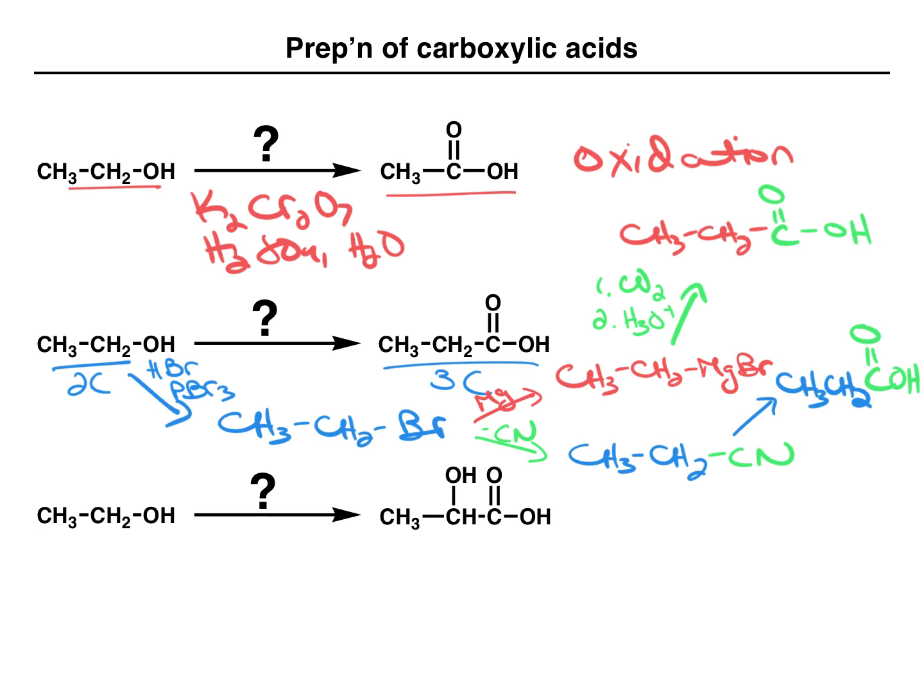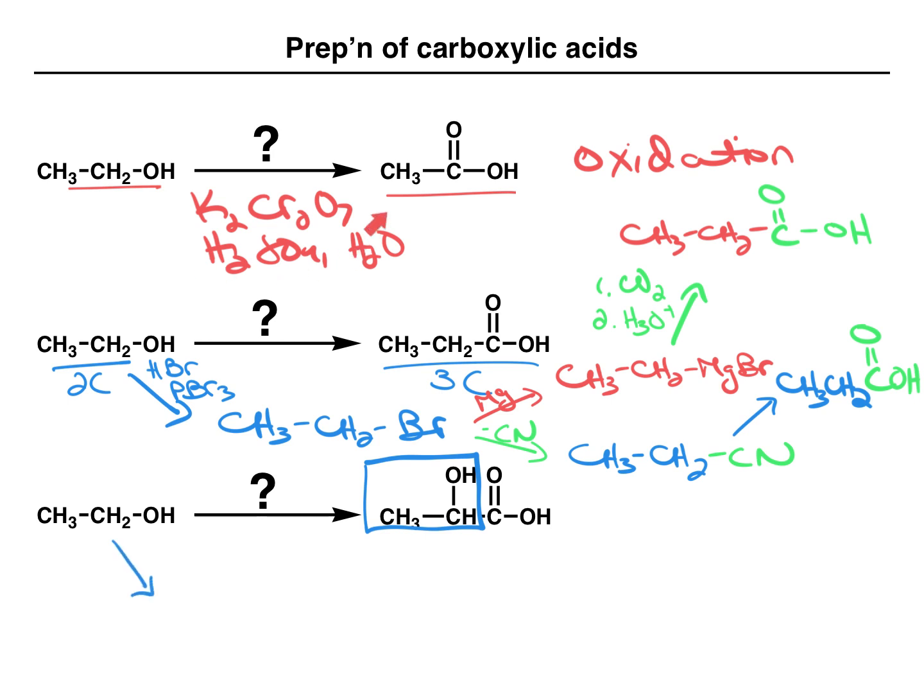But there are other examples like this one where on paper, either one is just fine. If we look at our last example, we are going from a 2-carbon alcohol to a 3-carbon alpha hydroxy acid. So we know that we need to use an aldehyde, and we should think about this part as coming from the aldehyde. So starting with our alcohol, we need to carry out an oxidation.